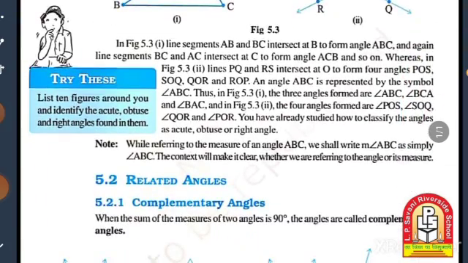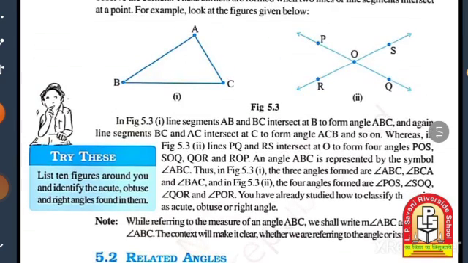So in figure 5.3 you can see in 5.31 line segments AB and BC intersect at B to form triangle ABC, and again line segments BC and AC intersect at C to form angle ACB, and so on.